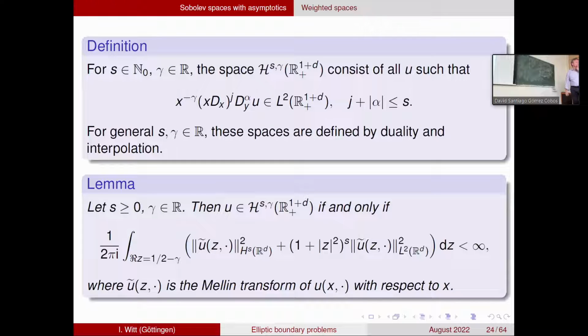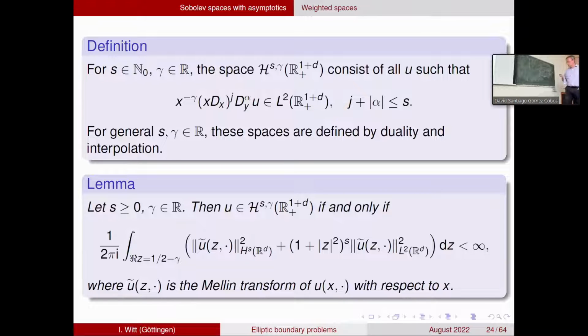First off, we need some weighted spaces on our local model, which is a half space. These are spaces H^(s,gamma), so these are weighted Sobolev spaces. Here we have the total characteristic derivative, and we have an x to the minus gamma in front of everything. That's the definition for s a non-negative integer, and in general you get the spaces by duality and interpolation.